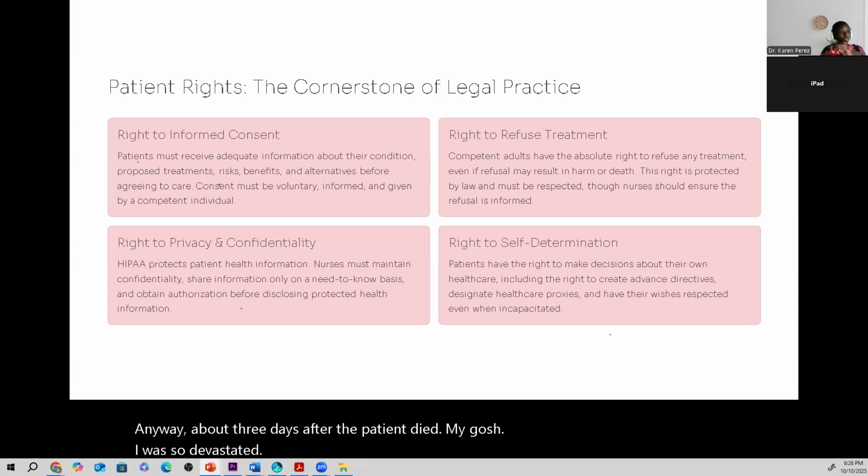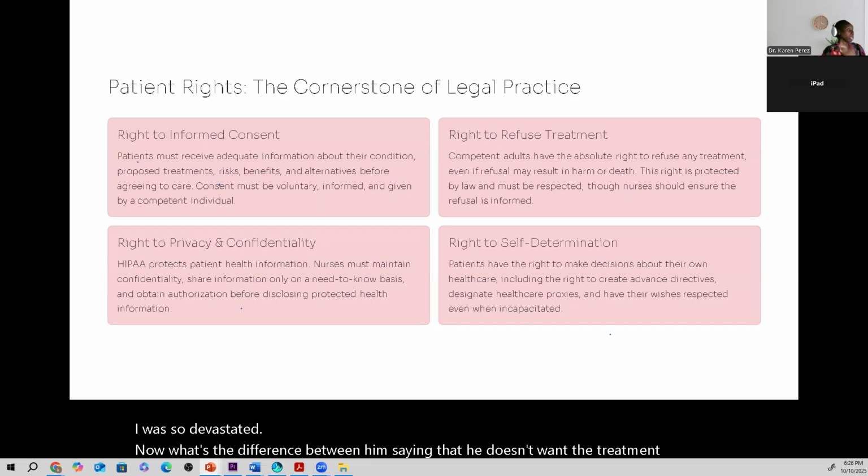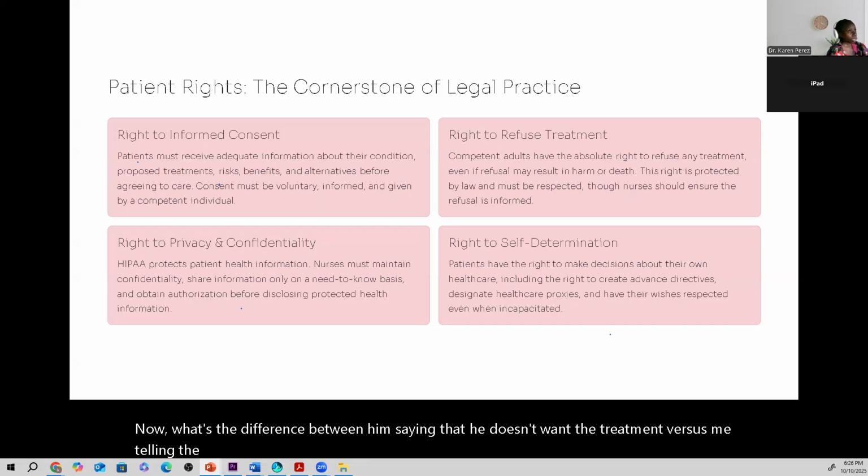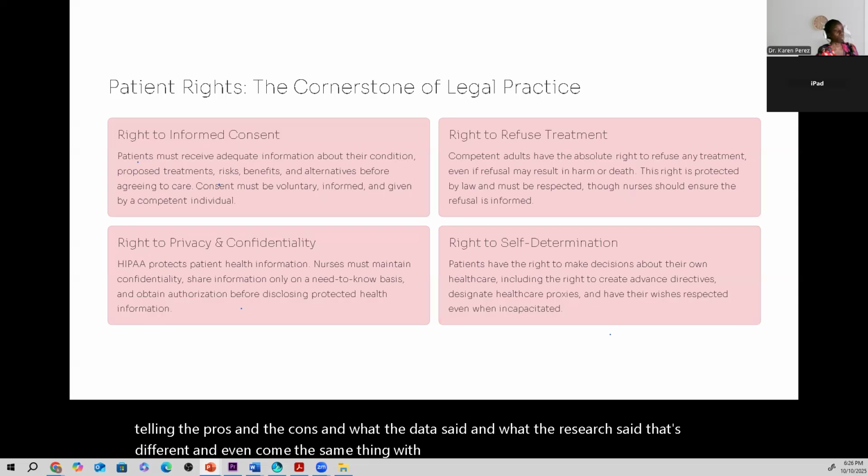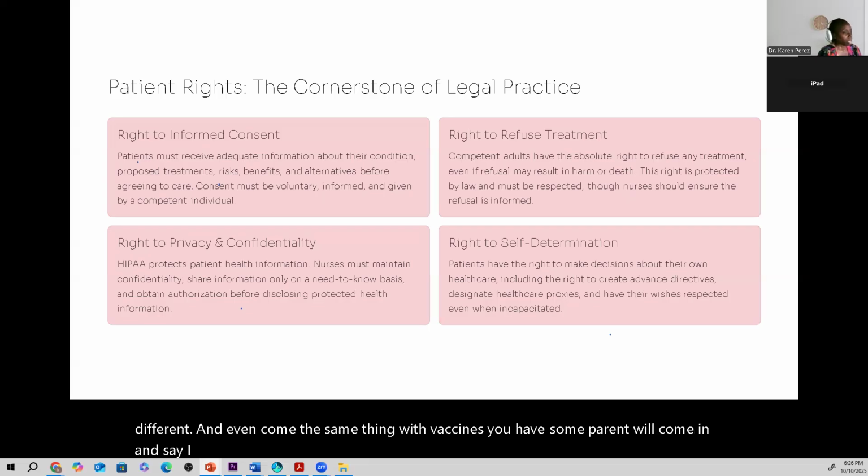Now, what's the difference between him saying that he doesn't want the treatment versus me telling the pros and the cons and what the data said and what the research said? That's different. And it's the same thing with vaccines. Some parent will come in and say, I don't want my child to get the vaccine because it causes ADHD or some diseases or whatever.